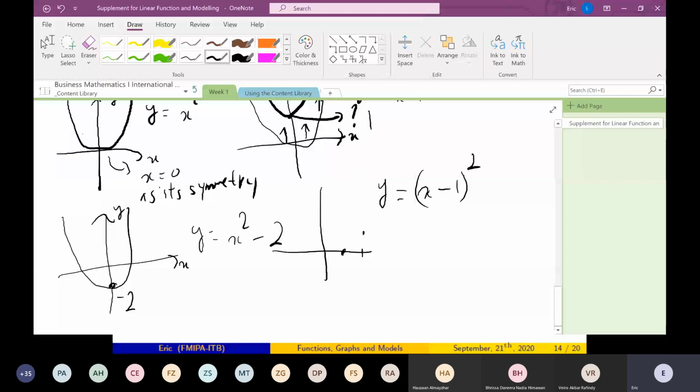What about 3? 3 minus 1, 2, 2 squared, 4. What about minus 1? Minus 1 minus 1, minus 2, minus 2 times minus 2, 4. So you have this one.